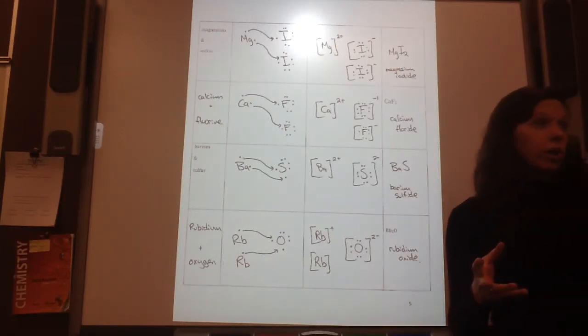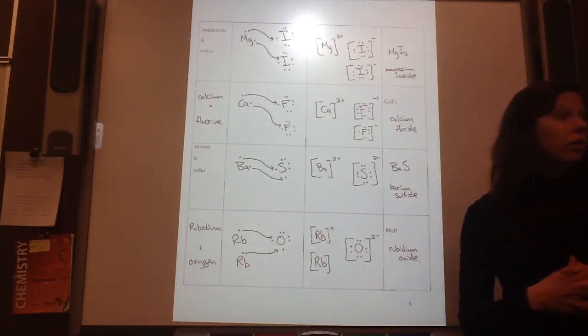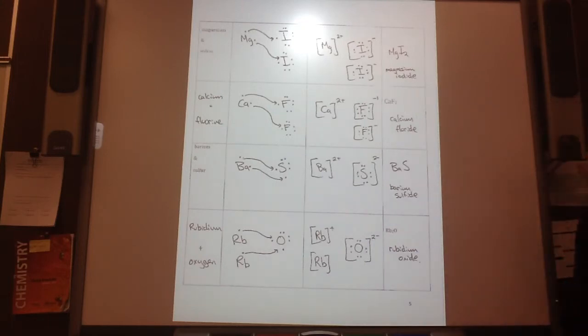Any questions so far? Too fast, too slow? I have a question about writing the dots. If it has 6, you have to leave 2 that are not alone. Can you put them together? When you have 6 electrons, you have to write it so that there are 2 by themselves. So she means like you put 2 on the top, 2 on the bottom, and 2 on the side.